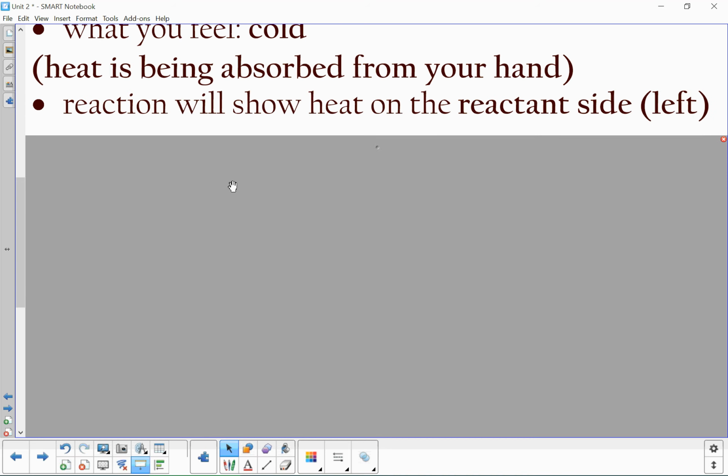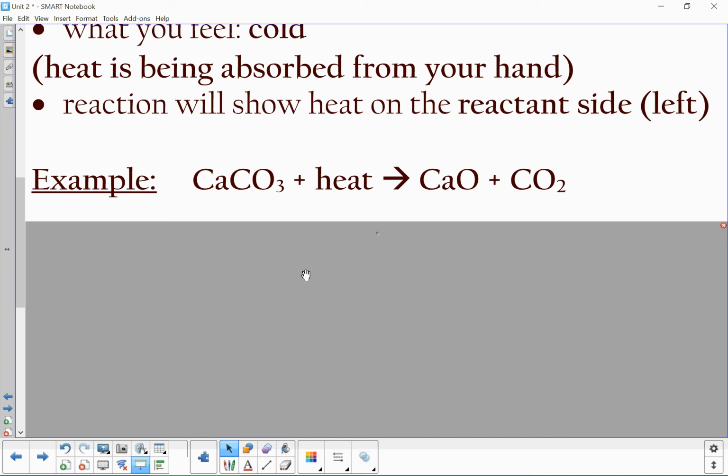If you were going to write it out using our reactants make products format, the reaction would show the heat on the reactant side, which is the left. So heat would be an ingredient. And so what that would look like in a real example would be this. We have CaCO3 plus heat. So these two things are the reactants.